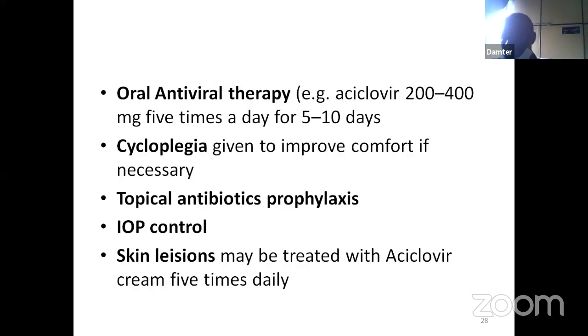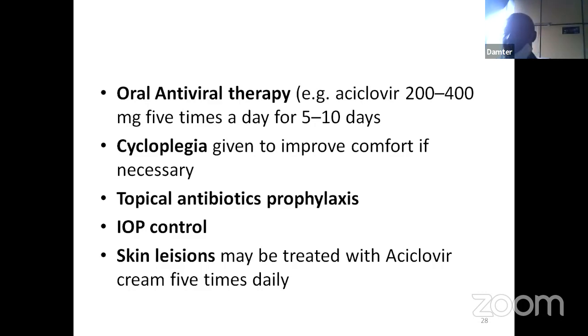Oral antiviral therapy is also advocated for patients. You can use acyclovir 200 to 400 milligrams 5 times a day for 5 to 10 days. Cycloplegics are also important, so that can help to improve the comfort of the patient.